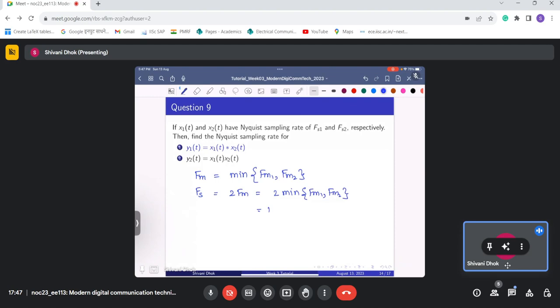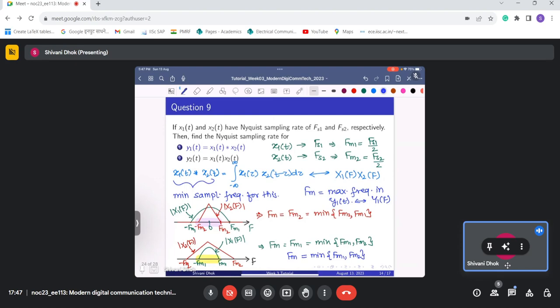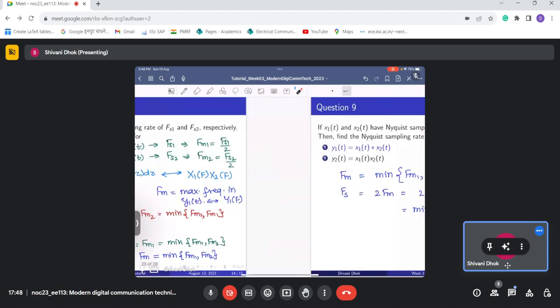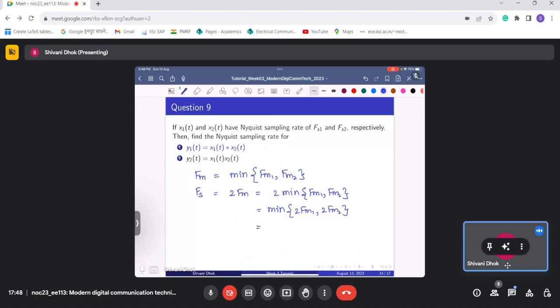This is equal to the minimum of 2 times fm1 comma 2 times fm2. Now if you observe, 2 times fm1 is simply fs1, and 2 times fm2 is simply fs2. So this is equal to the minimum of fs1 comma fs2.